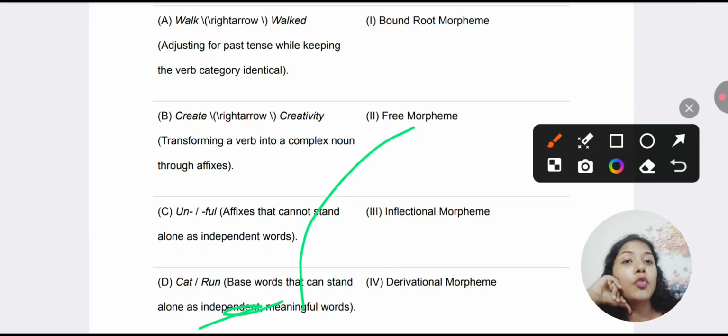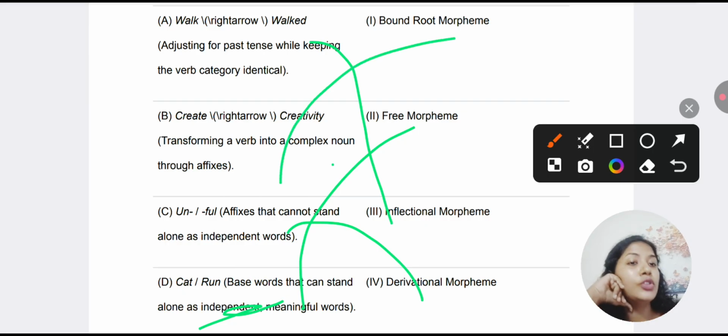It was like walked, creativity, and unfull, or an affix that cannot stand alone. You have to check inflectional, walked, and derivational, creating or transforming a word into a complex noun, that will be the bound root morpheme.